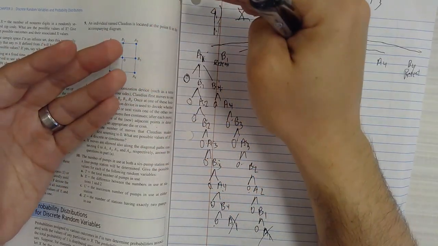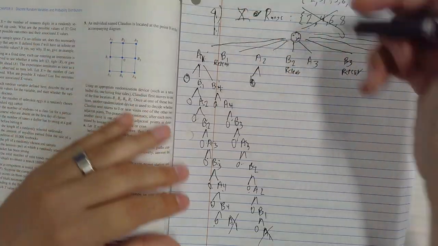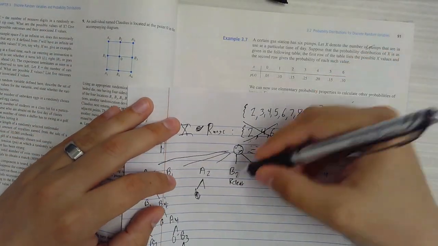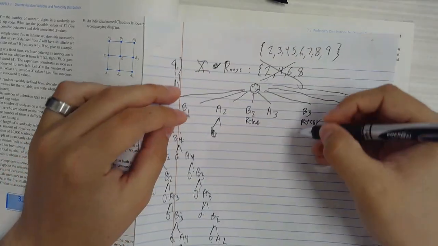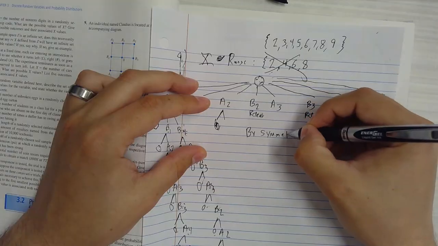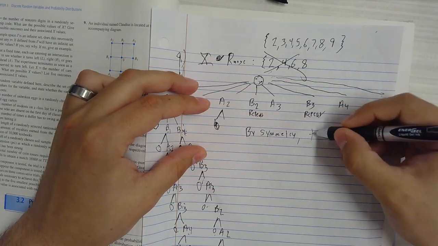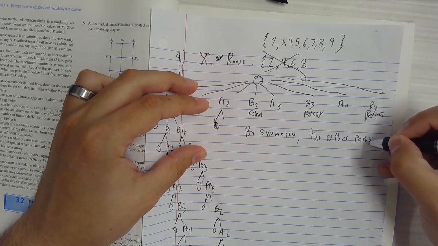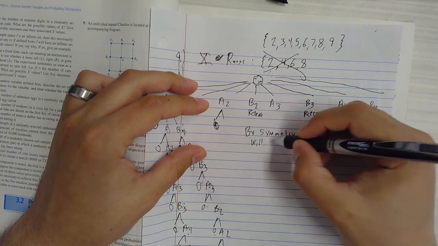So the movements we make are going to be the same. So I'm going to say we don't have to check the others by symmetry. The other path will be the same.